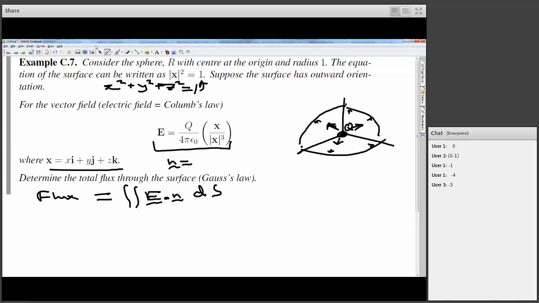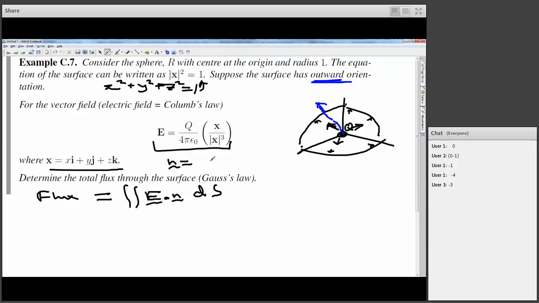So if you think about any point on my surface here, for the normal I've got two choices. They're going to be pointing outwards or inwards. So let's just pick one direction. Let's make it an outward orientation. So let my normal point outwards. Because of how a sphere works, at least it's nice and easy to work out: the normal is pretty much just pointing in the same direction as it is straight from the origin.